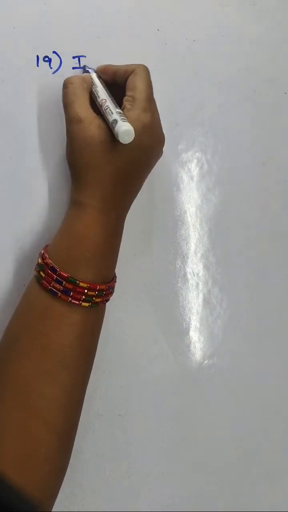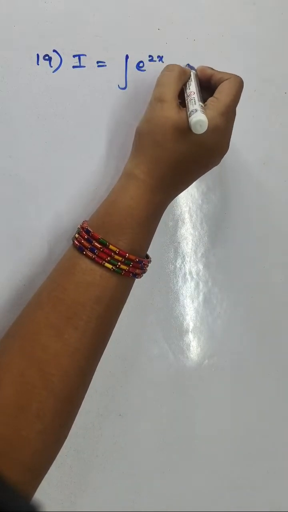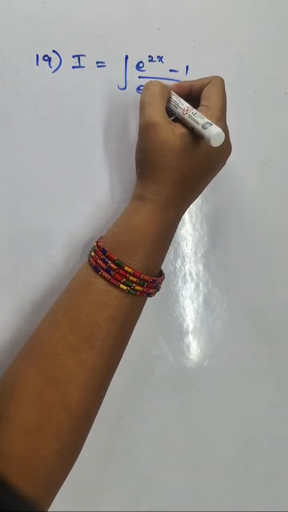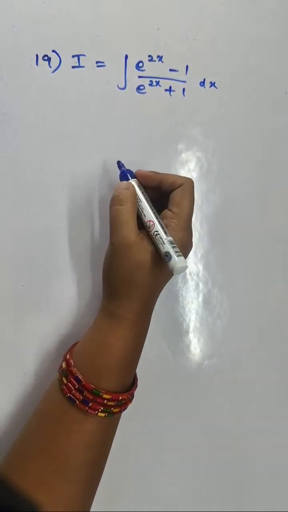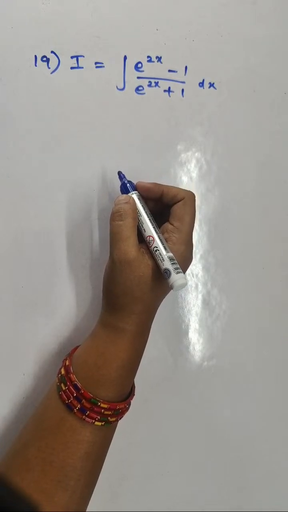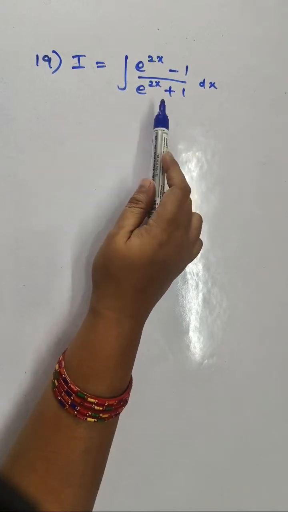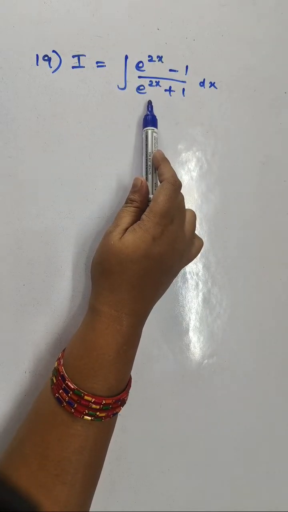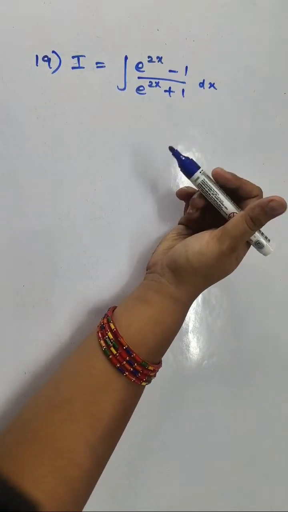I equal to integral of e power 2x minus 1 by e power 2x plus 1 dx. Whatever term you take, either the denominator or numerator, we can't easily substitute.